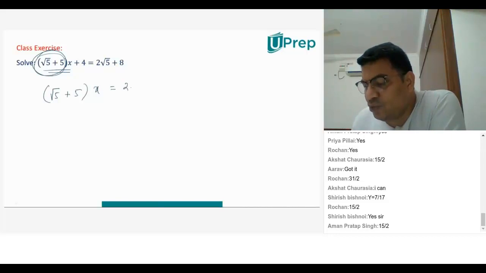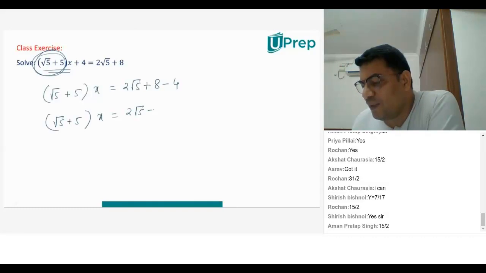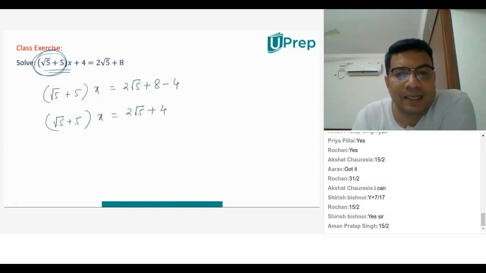You have 2 root 5 plus 8 and this plus 4 on that side. When you transpose it is minus 4. So basically it is root 5 plus 5 times of x is equal to 2 root 5 plus your 8 minus 4 is 4. So basically it is something like this.